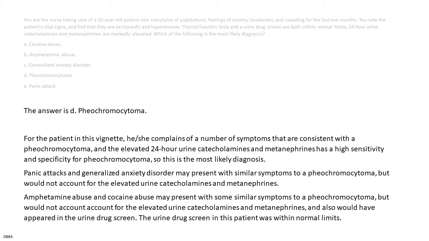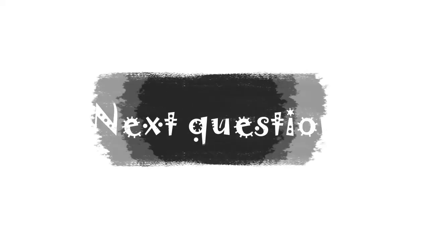Panic attacks and generalized anxiety disorder may present with similar symptoms, but would not account for the elevated urine catecholamines and metanephrines. Amphetamine abuse and cocaine abuse may present with some similar symptoms, but would not account for the elevated urine catecholamines and metanephrines, and also would have appeared in the urine drug screen. The urine drug screen in this patient was within normal limits.